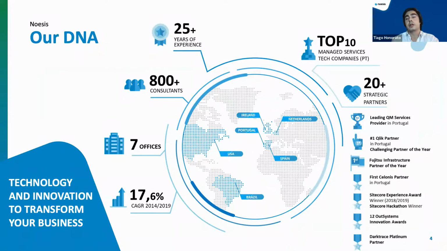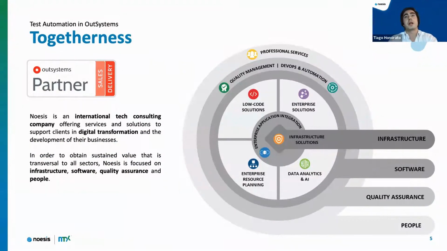We are an OutSystems partner. In Noesis we have all of the services that an IT company needs. So we have quality management, DevOps and automation, the part of low-code solutions, the development in OutSystems.